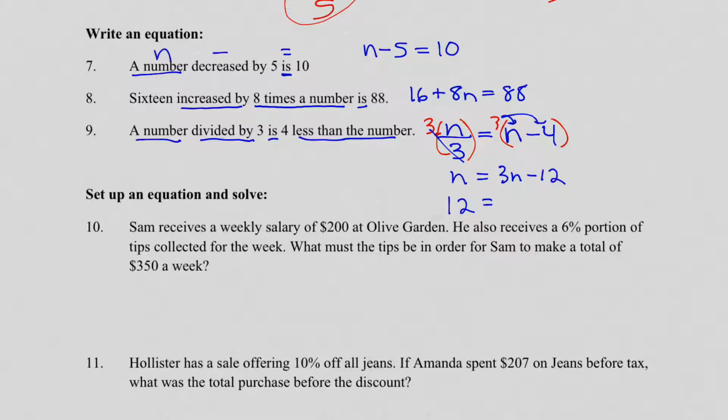And if I move the n to the right, that's going to be 2n. That keeps our variable positive, though you don't have to do it this way if you don't want to. But then just by inspection, 2 times 6 is 12, so n equals 6. Or divide both sides by 2.